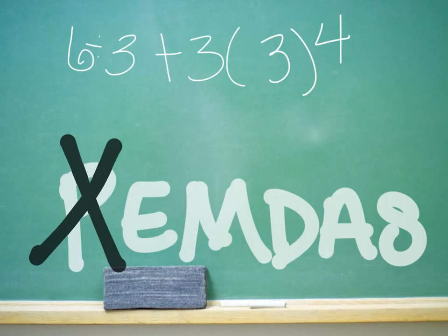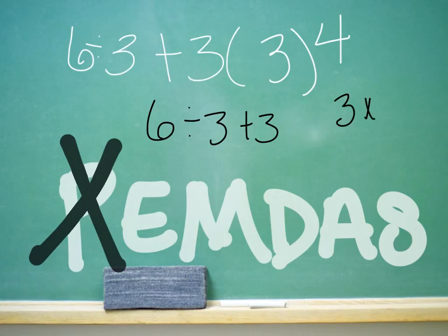So we have 6 divided by 3 plus 3 to the power 4. Here, we have to think about what we do next. 3 to the power 4, what does that really mean? Well, it means that we take 3 times 3 times 3 times 3.